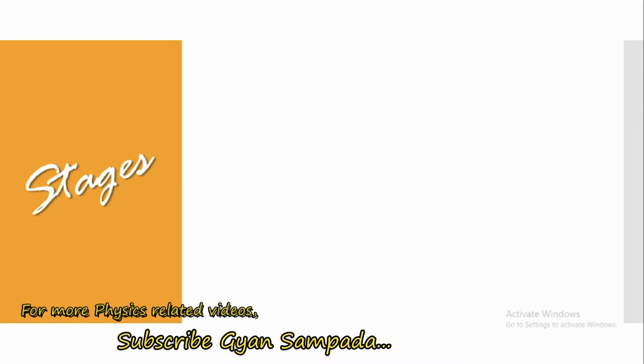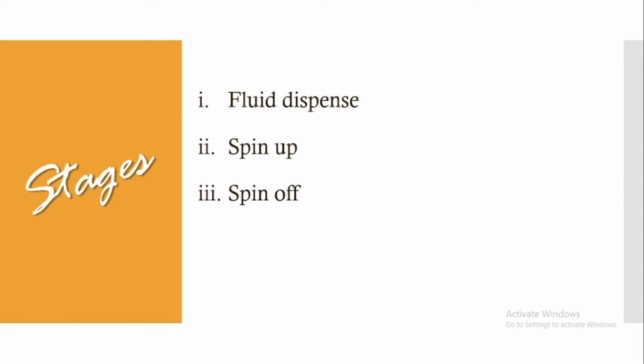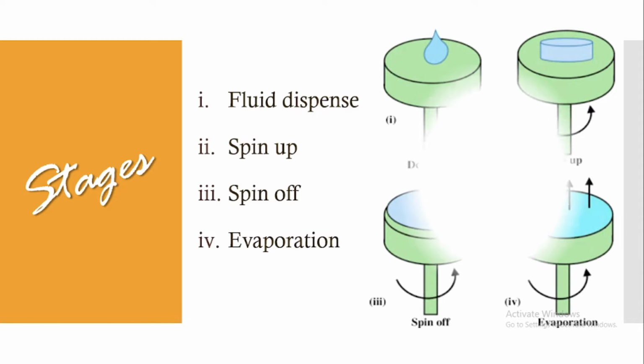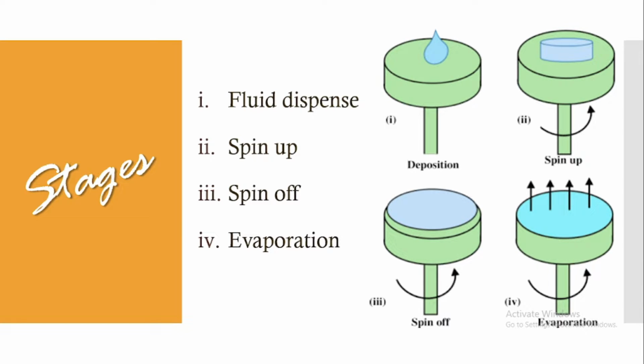Now let us understand the procedure by knowing the stages which are very important in the spin coating system. The first one is fluid dispense, second is spin up, third is spin off, and fourth is evaporation. These are the four steps by which we can deposit a thin film using a spinner. Fluid dispense means the precursor material or the target material is put over the substrate.